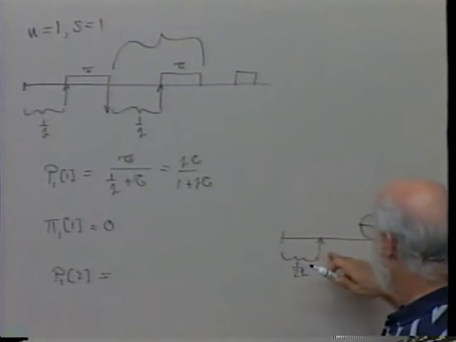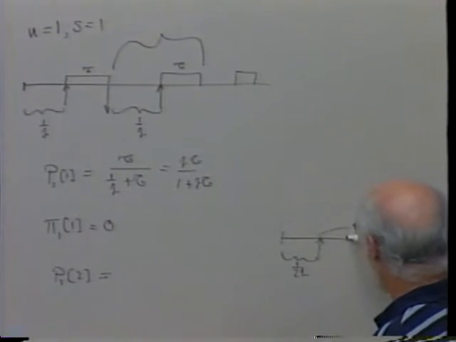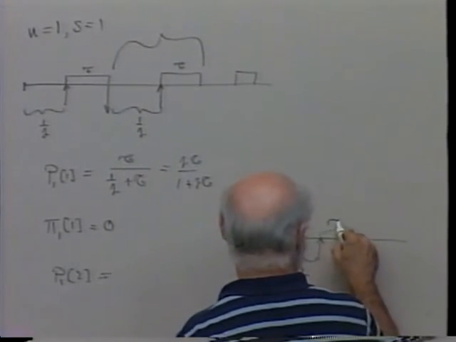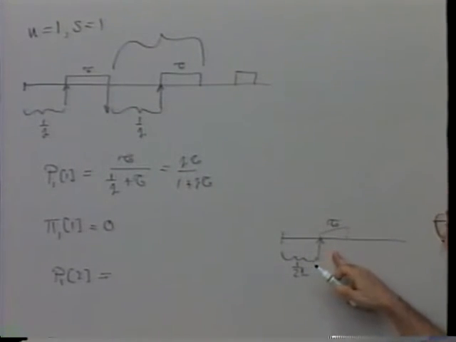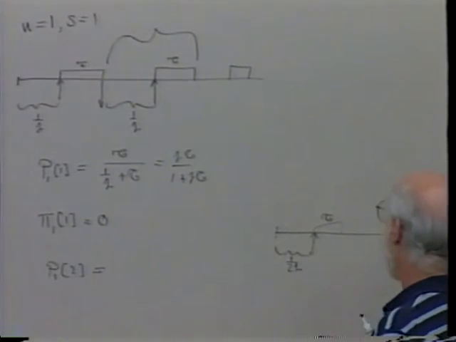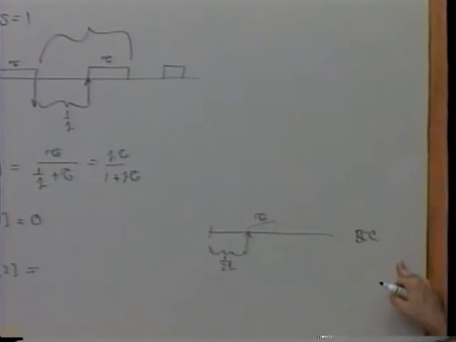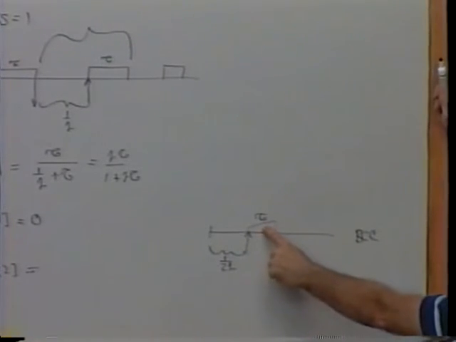When the request is made, the customer finds the server idle. He makes it busy for a length of time tau. And during that time, if other requests for service are made, then those are cleared. So now I have to make an assumption. I'm going to assume blocked customers cleared. I didn't have to worry about the queue discipline before because nobody was ever blocked. So that means that during this time, the other customer may make a request for service.